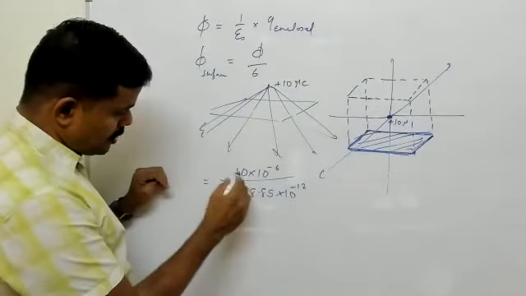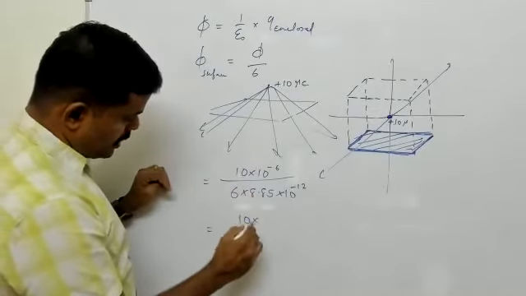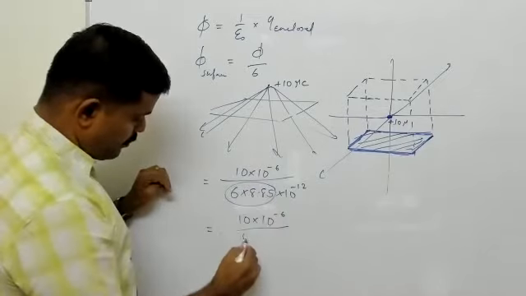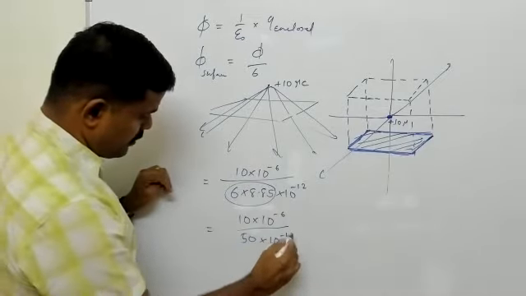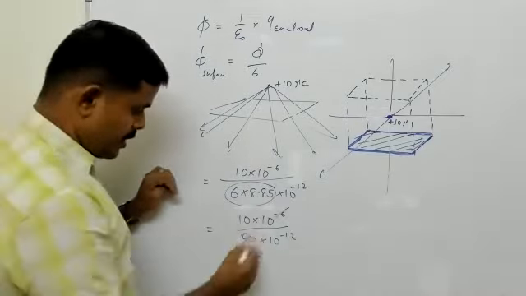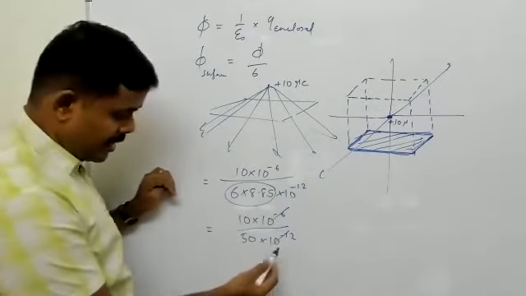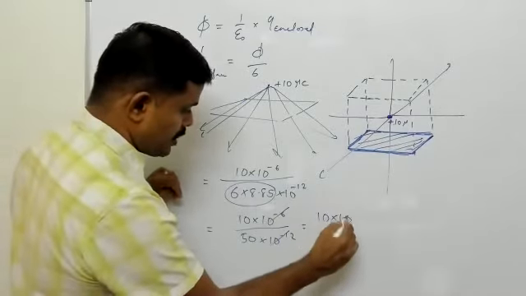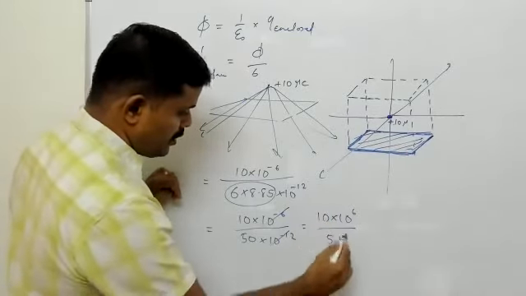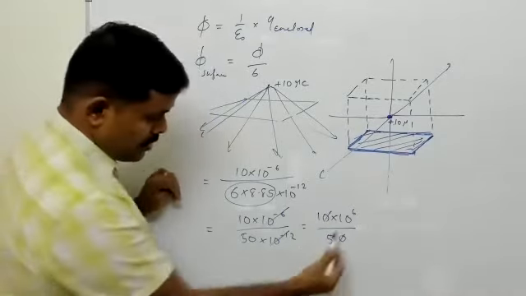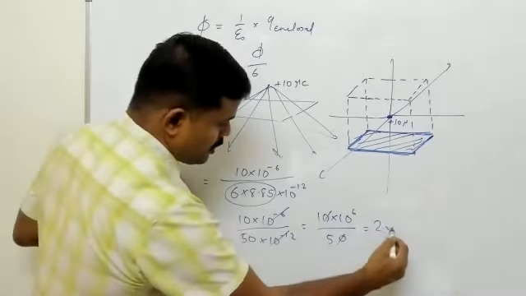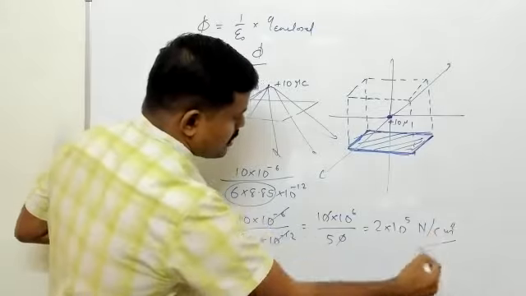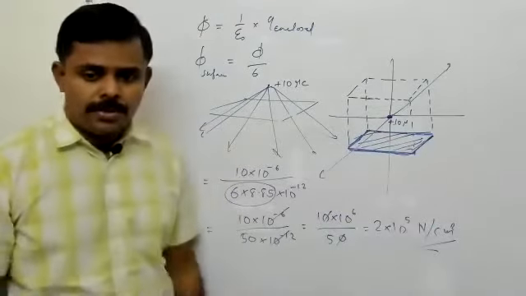So this is 10 into 10 power minus 6 by 50 into 10 power minus 12. What do we get? 10 power minus 6 and 10 power minus 12 cancel, leaving 10 power 6 in the numerator. So 10 into 10 power 6 by 50, zeros cancel, 10 by 5 is 2. 2 into 10 power 5 Newton per Coulomb into meter square. That will be the flux through the bottom surface.